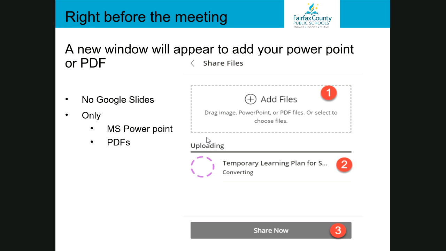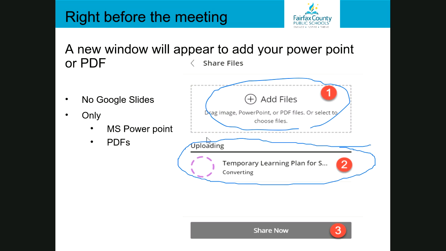You would follow the same instructions. Number one, where the big gray Add Files box is, if it's on your desktop, you can drag it straight on here, or you can search for the document the way you do when you add an attachment to an email. Once it's found, Blackboard Collaborate starts to upload it and convert it to a format that is useful for Blackboard Collaborate.